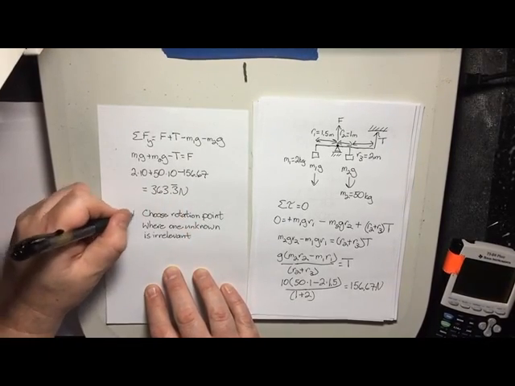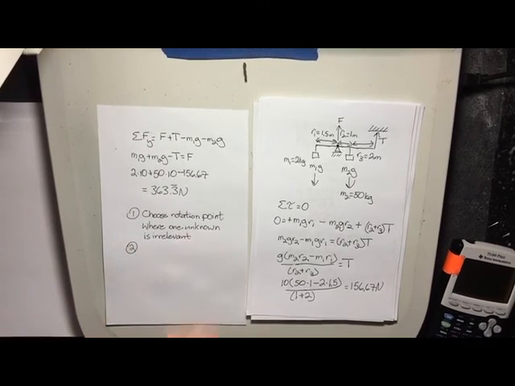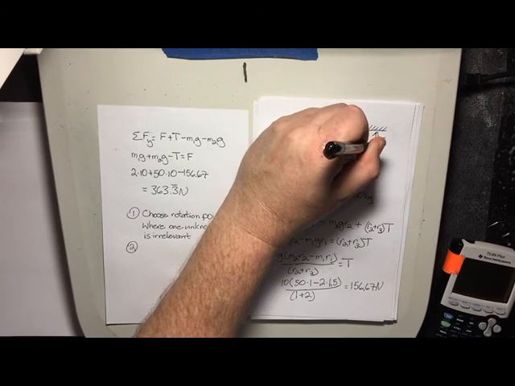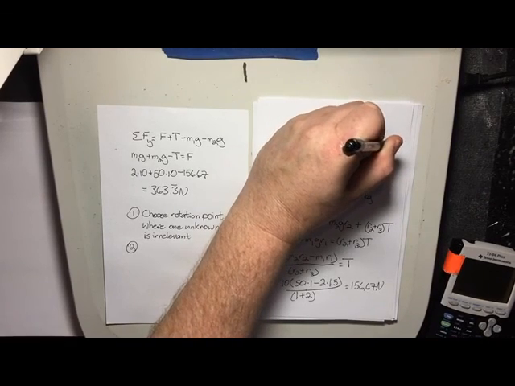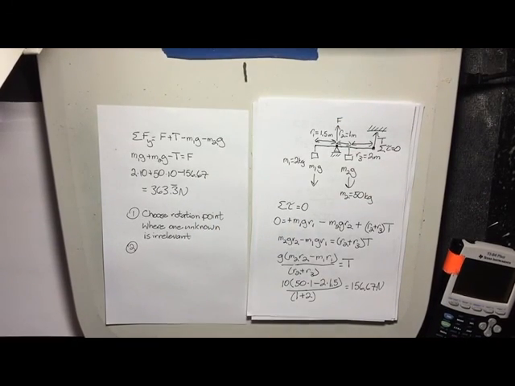Dr. Eschenberg, when you did F plus T minus M1G minus M2G, did you redo the right-hand rule to get the signs of those? No. With the sum of the forces in the vertical, I'm summing vertical forces. I'm not summing torques. So when it comes to summing vertical forces, up is positive, down is negative, and the right-hand rule is avoided. You could have chosen this as your point, sum of the torques is equal to 0, and then go about and do the same thing that you did in part 1, but you would get the same answer.